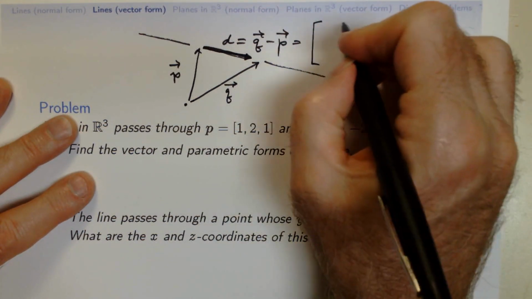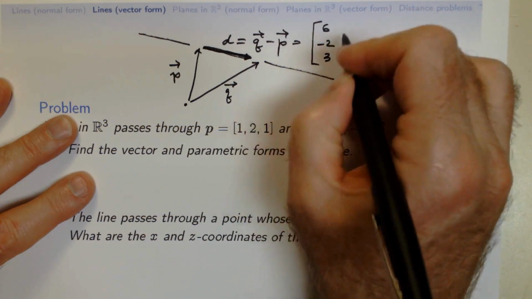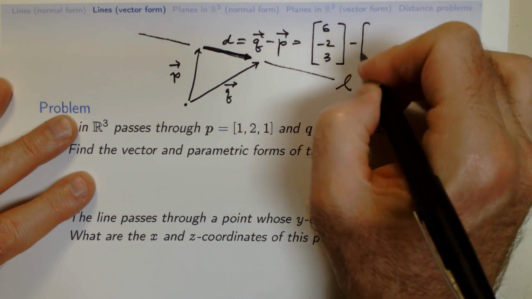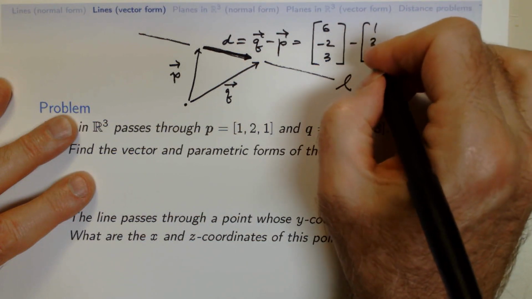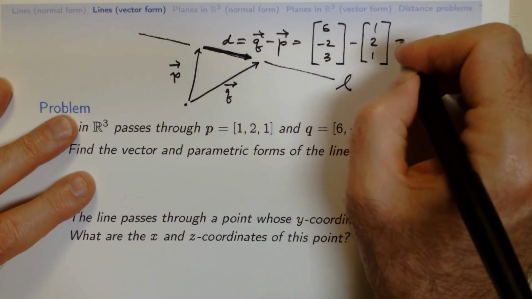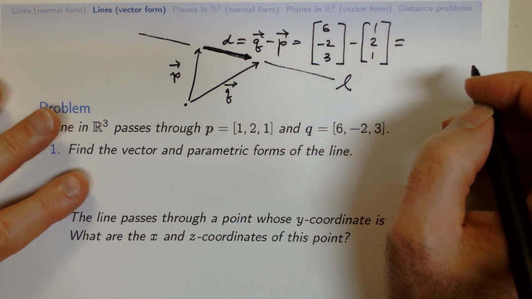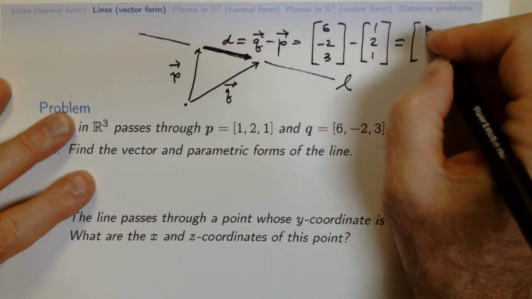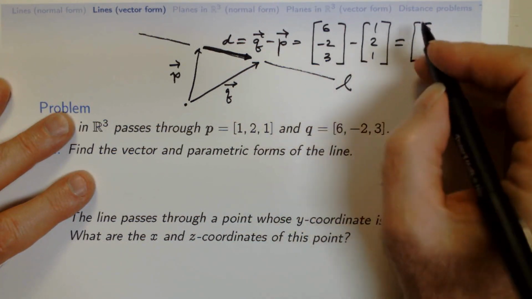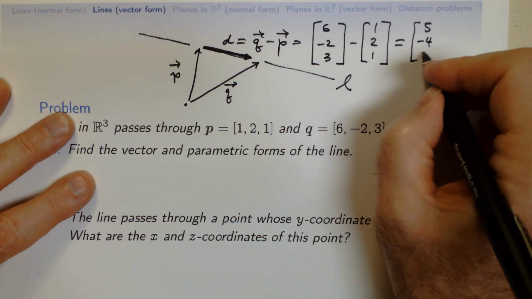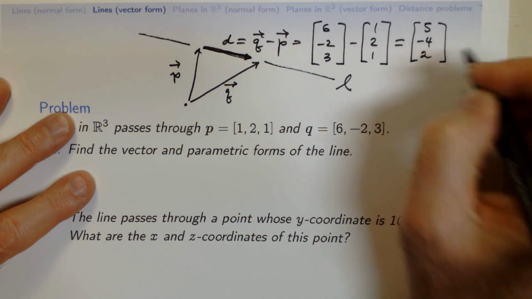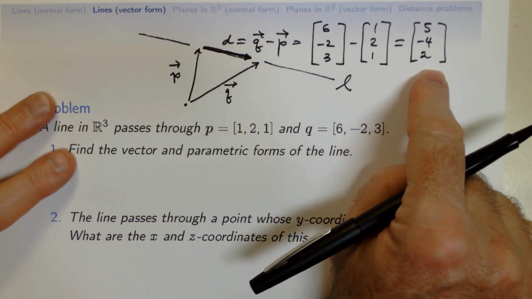Q has components 6, -2, 3. And P has components 1, 2, 1. So the direction vector would have components 5, -4, and 2.